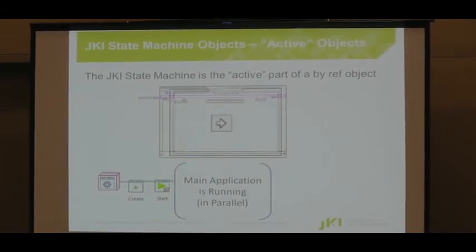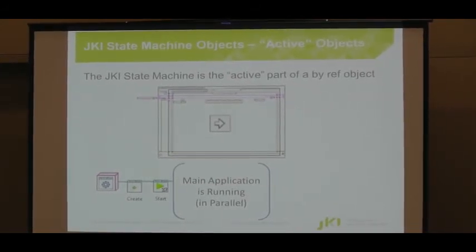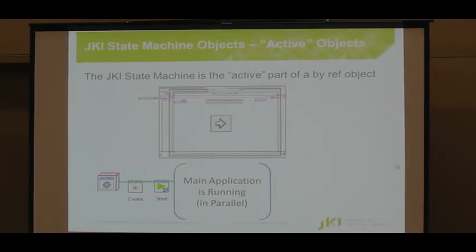The main application below the JKI state machine is basically like the user. For example, if a stage needs a motor, a stage might create the motor, or the motor might be passed to the stage because of dependency injection. It'll just interact with the reference, but it never even has to know that there's an asynchronous VI.